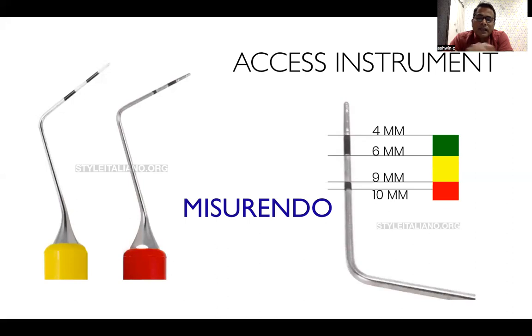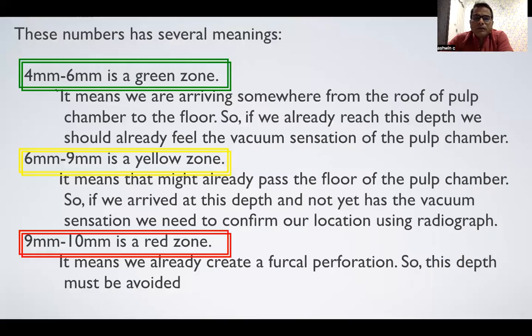Now, why is this slide important? See, 4 to 6 mm is the green zone. It means we are arriving somewhere from the roof of the pulp chamber to the floor. If we already reach this depth, we should feel the vacuum sensation, or the drop, as we generally call it. Second is the yellow zone. Green zone means go ahead.